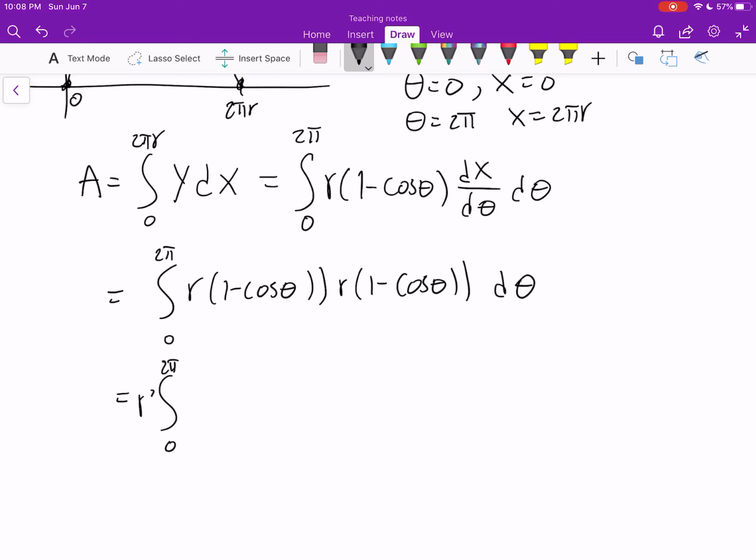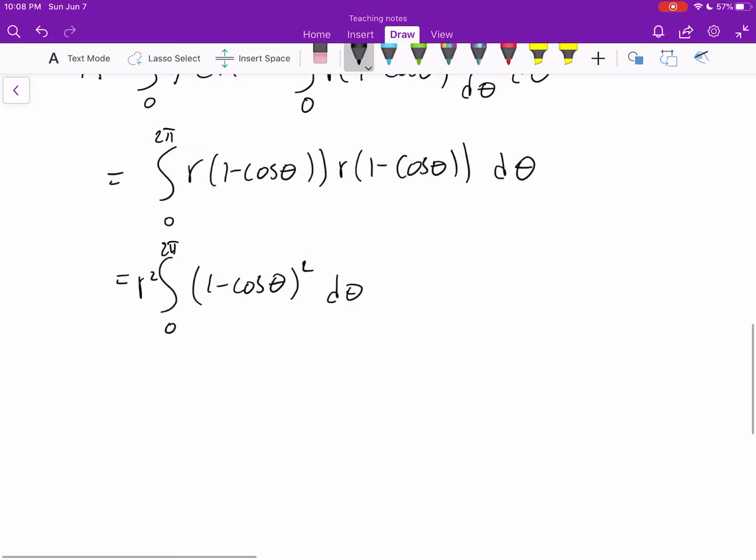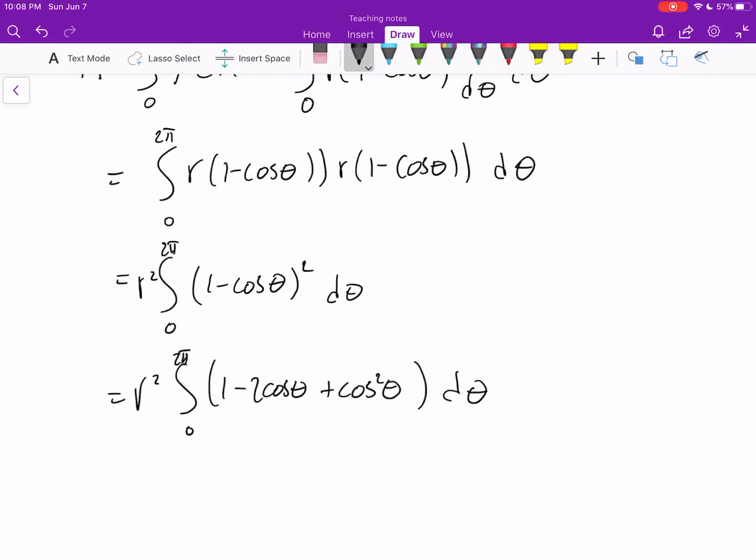I'm going to pull out a factor of r squared because there's 2 r's there. I'm going to get 1 minus cosine theta squared d theta. Let's expand that out. So I'm going to get 1 minus 2 cosine theta plus cosine squared theta.